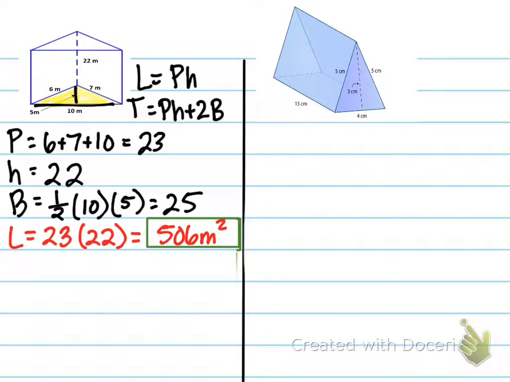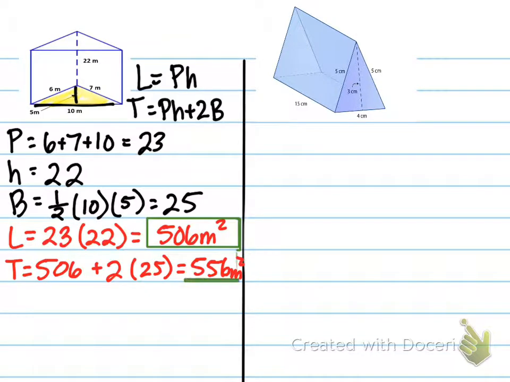For our total surface area, I have my lateral surface area, 506, and I'm going to add 2B. B in this case is 25, so I multiply 25 by 2. When I put all of that in the calculator, I get 556 meters squared. And I have both my lateral and my total surface area.